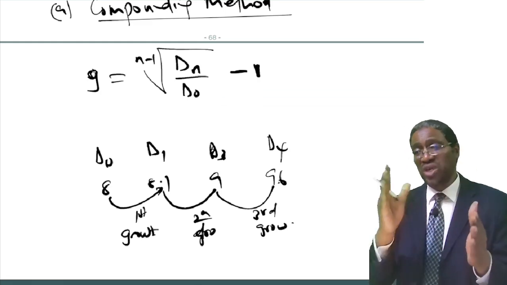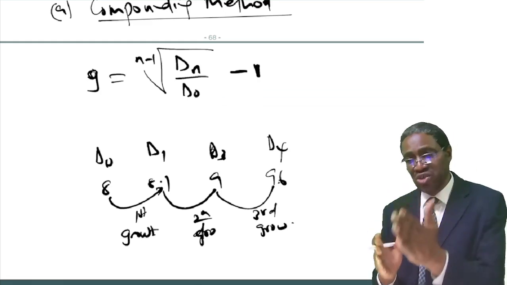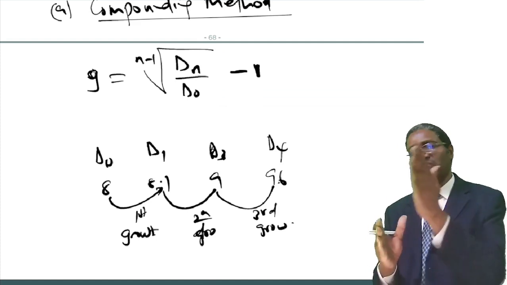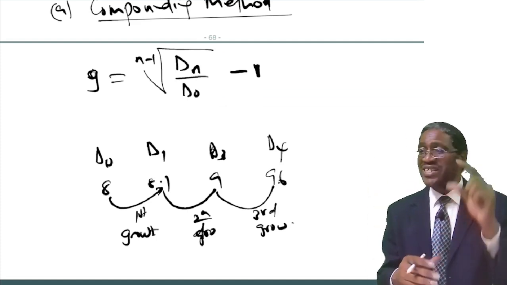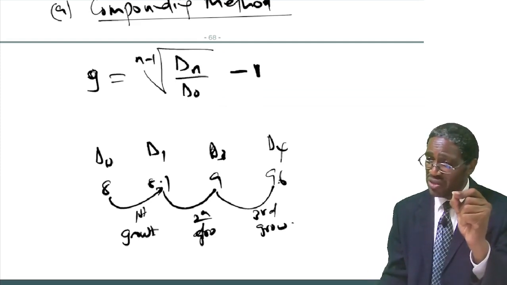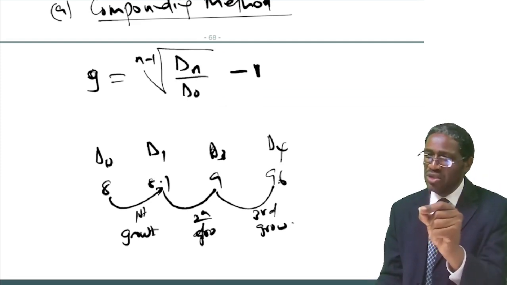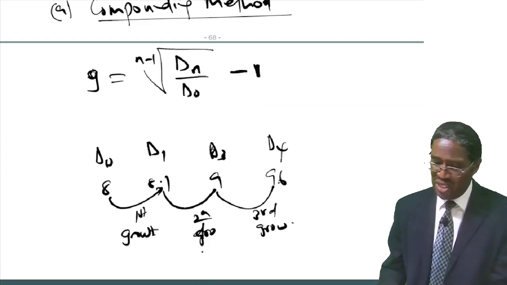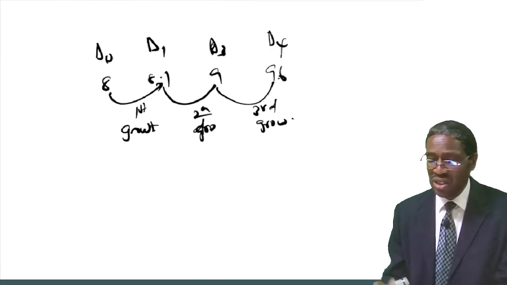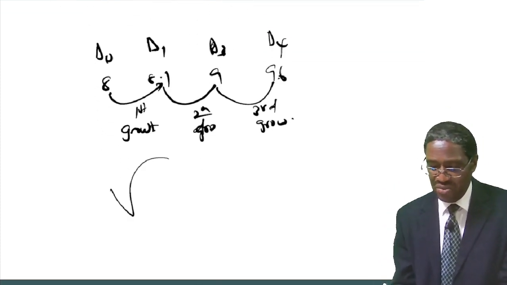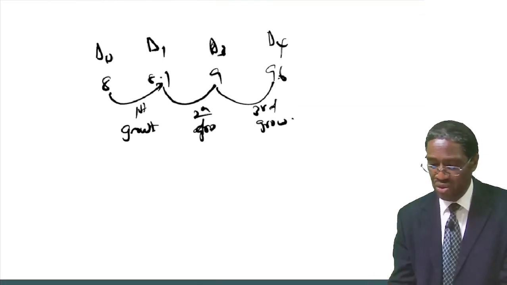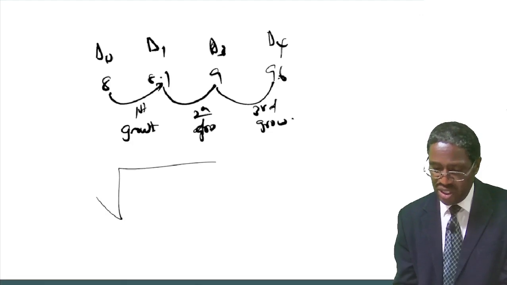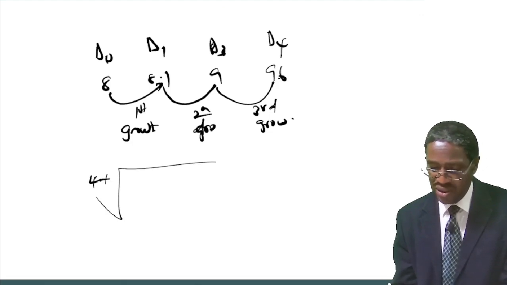From year 1 to year 2, that was the first growth. From year 2 to year 3, the second growth. From year 3 to year 4, the third growth. So N being the number of years, you minus 1, and take that as the root, which is 4 minus 1.